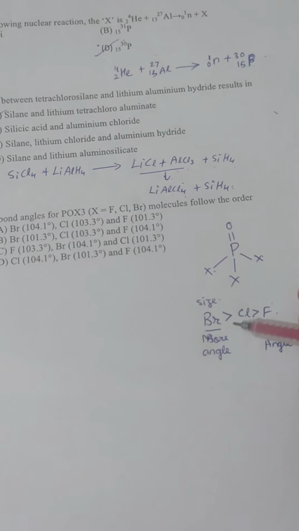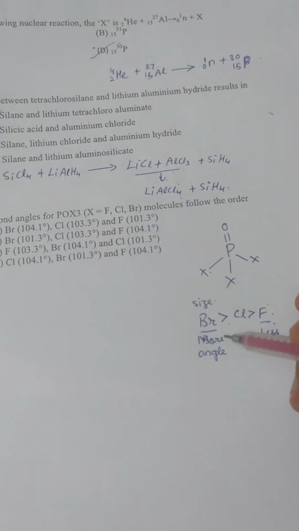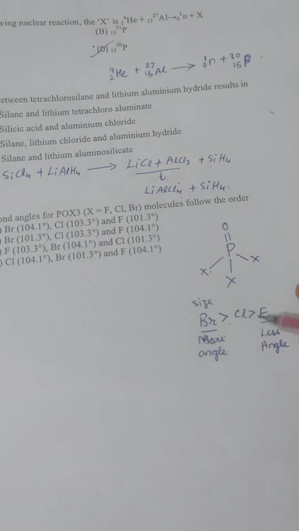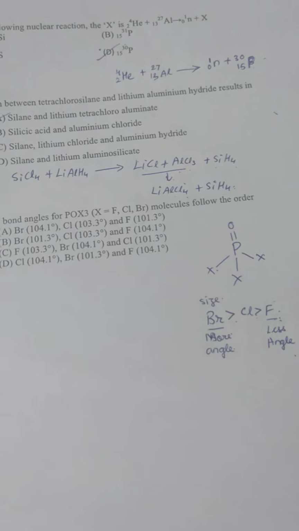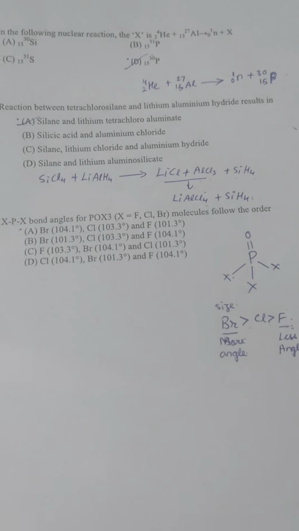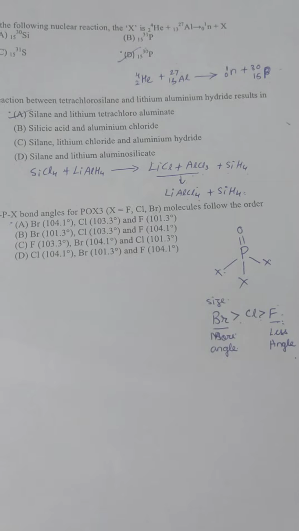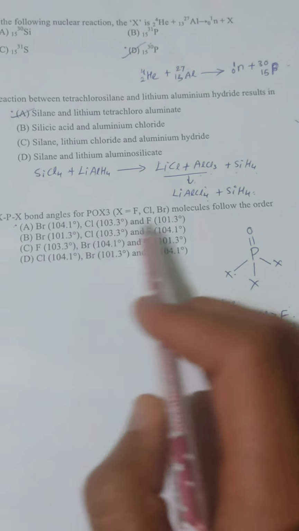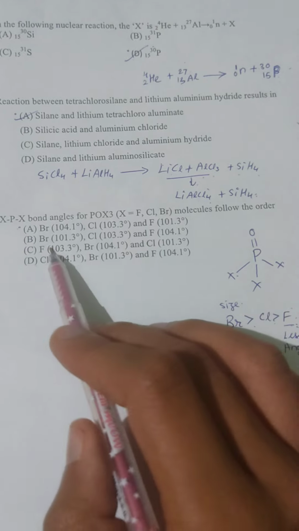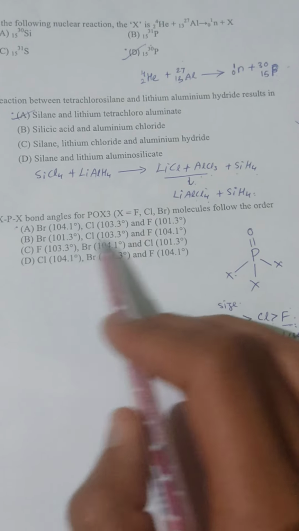Since we know that bromine has a bigger size compared to others, the angle between them should be more compared to chlorine and fluorine. Fluorine will have the least angle because it's not so bulky, but the electronegativity will also have an effect. So bromine has the maximum, chlorine is slightly less, fluorine is much lesser. In this option, chlorine is given the least and fluorine the maximum.